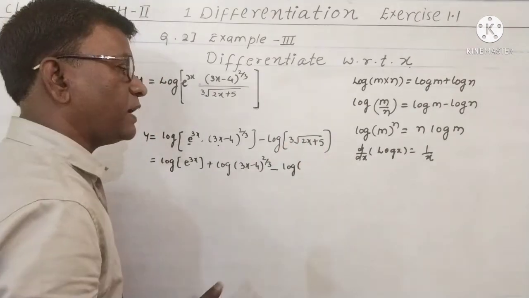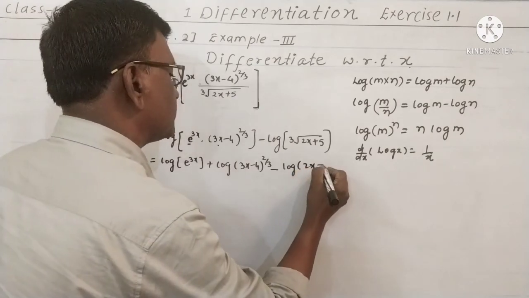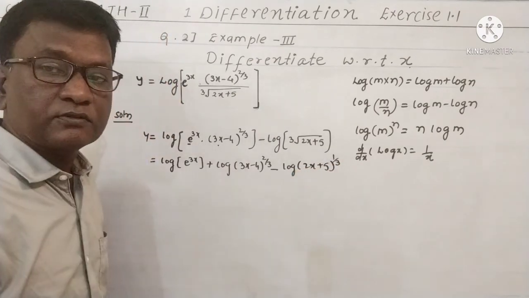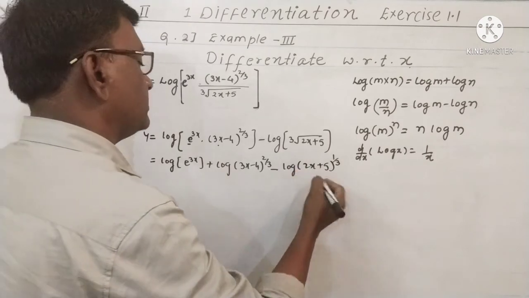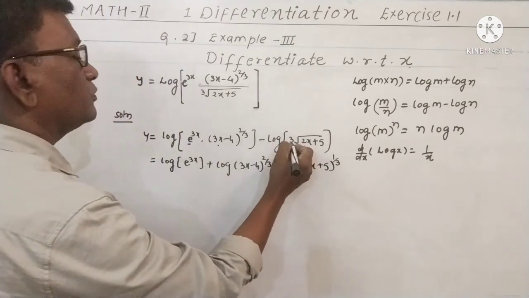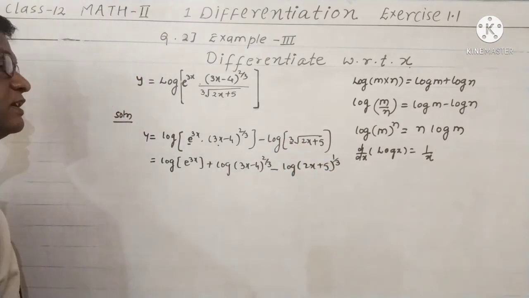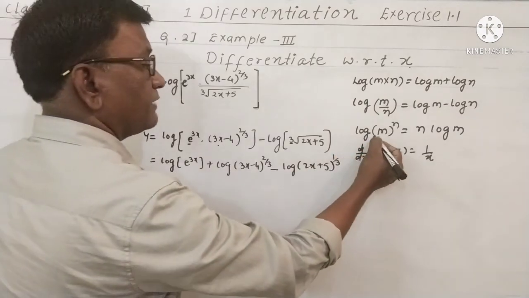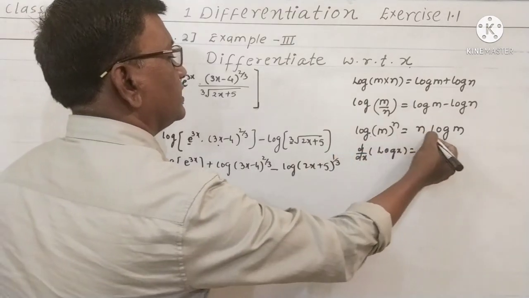Write in the form of power, means 2x plus 5, cube root means here power is 1 by 3, (2x plus 5) raised to 1 by 3. Due to this cube root, we can write it as power 1 by 3. Same, apply formula log m raised to n as n log m.